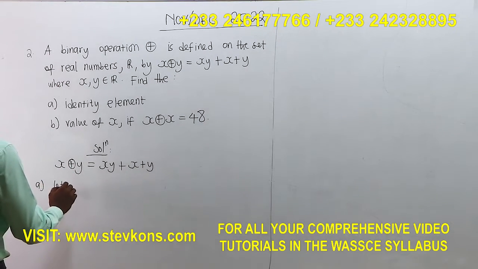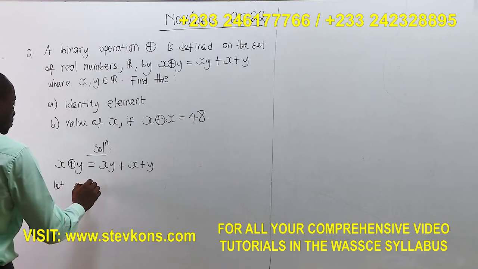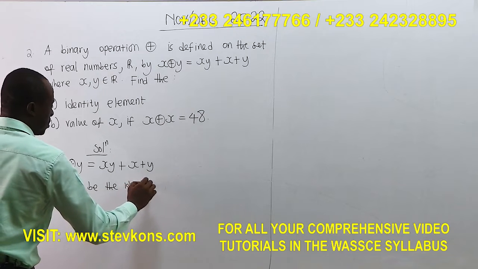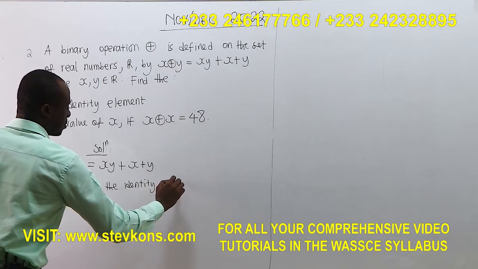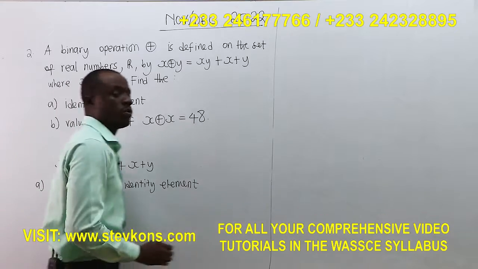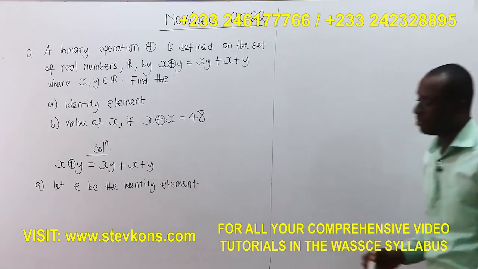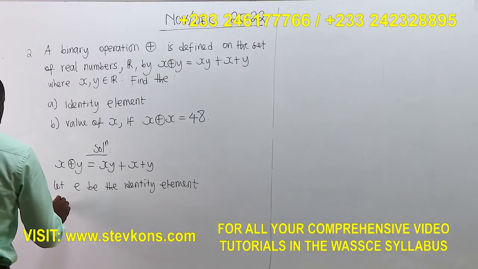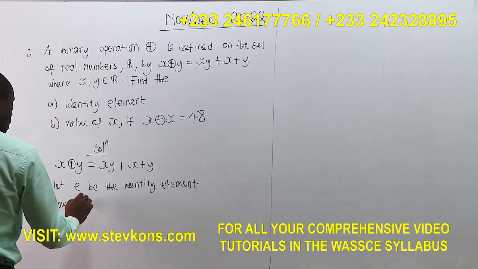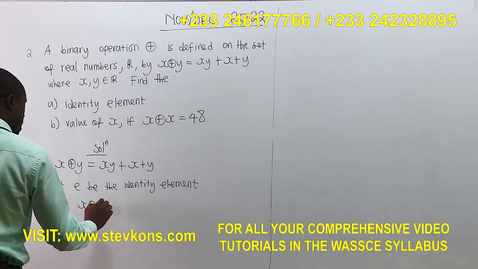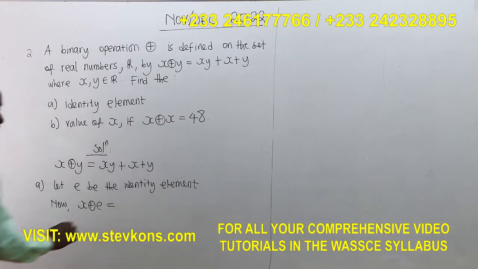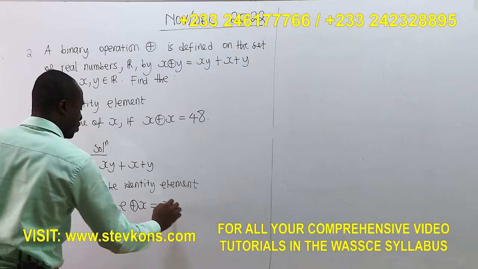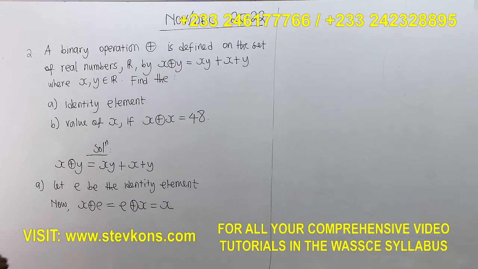So you can say let or suppose the identity element is e. Now, by definition, we know that x operator e is the same as e operator x, and this is equal to x.